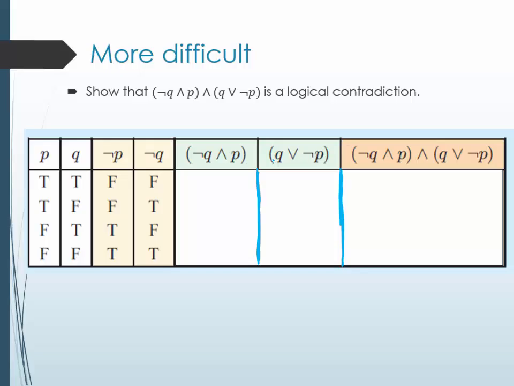Now, the next one, the 5th column says negate Q, conjunction P. For this particular one, I'll help you out with it. If you think you got it, try it out. We take a look at this column, Q, and we also take a look at P. And I want you to get used to doing it in order.